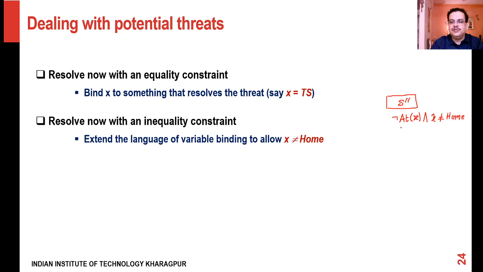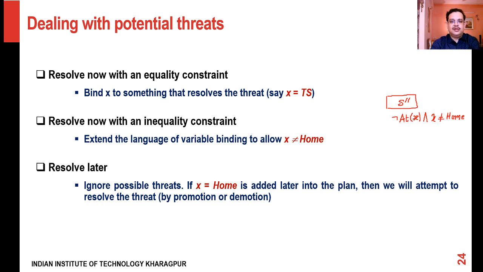Now if both of these are satisfied, then S does not threaten that link, because that link is threatened only if X is instantiated to home. So therefore in this case, adding this additional inequality constraint resolves the threat.